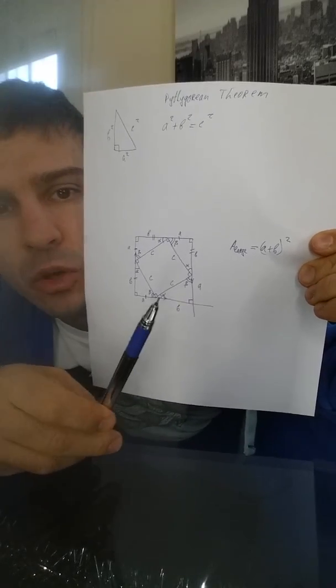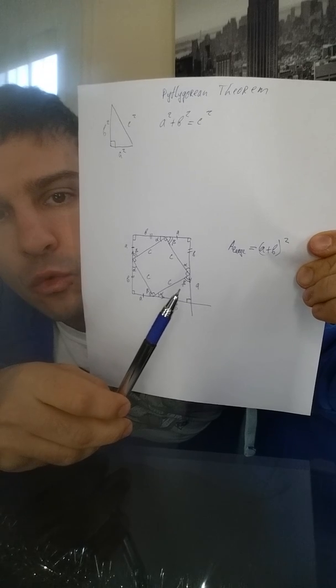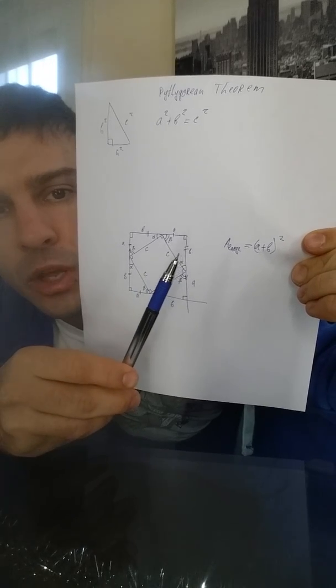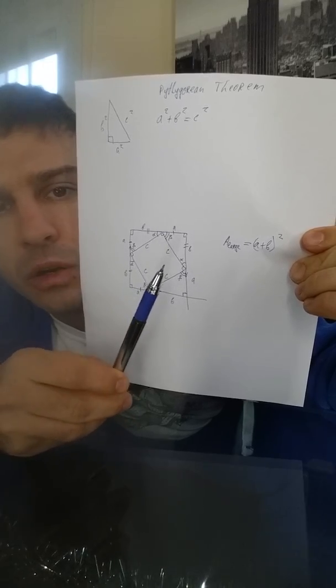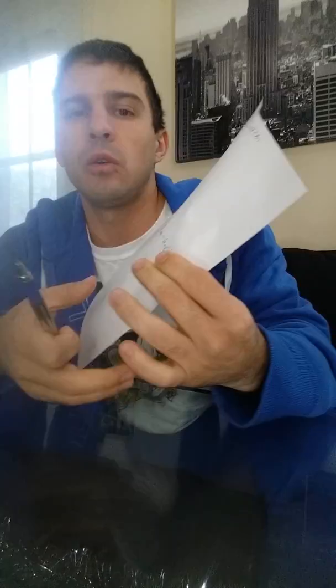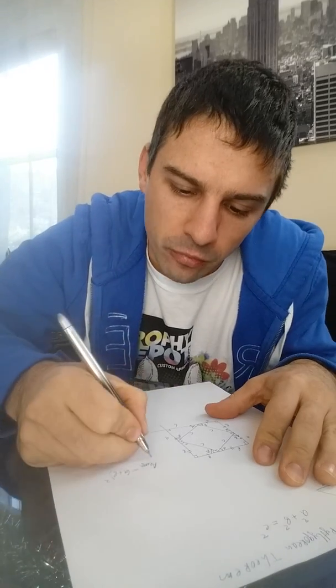Also, if we break it down, it consists of 4 triangles, so their combined areas, and the area of the inner square. We're going to write it down just like that.